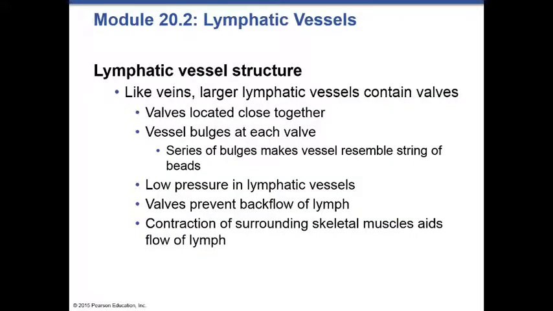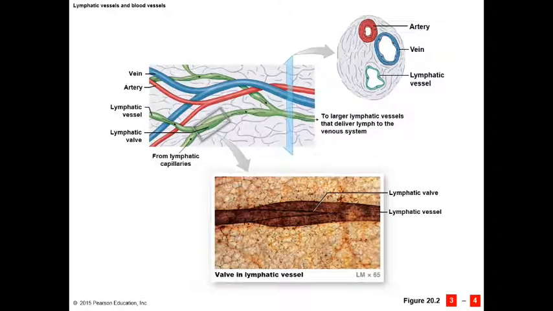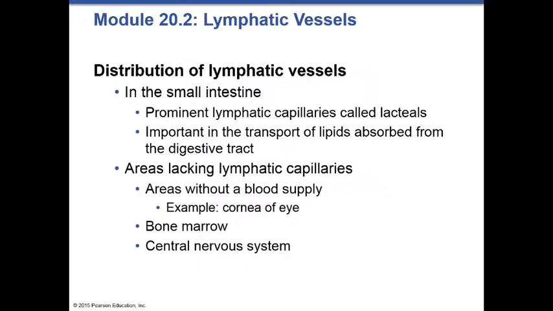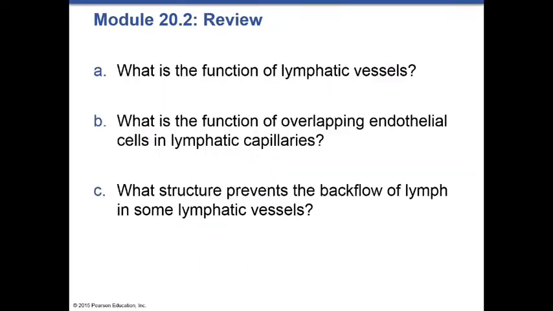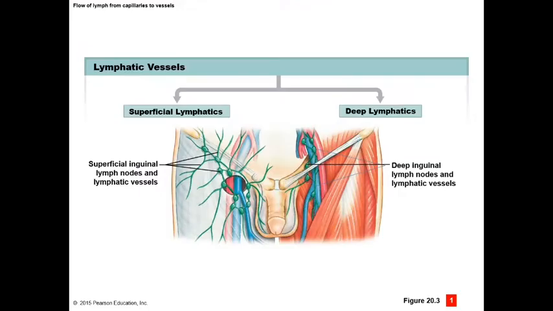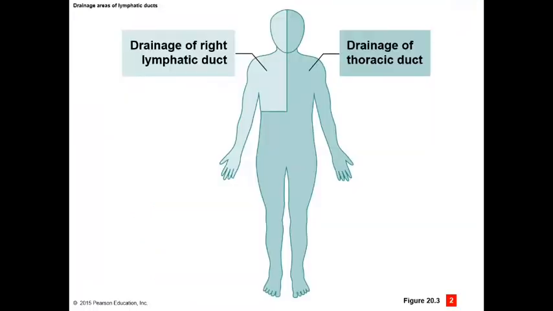We mentioned how the lymphatic capillaries are discontinuous. They have overlapping endothelial cells, and there are veins which help keep the lymph flowing, since these vessels are under very, very little pressure. There are areas of the body where there's a concentration of lymph nodes.